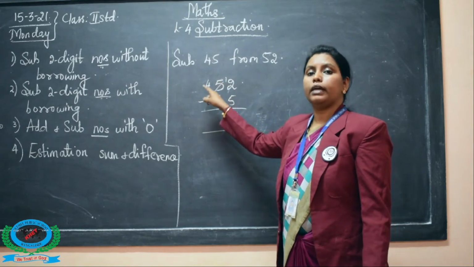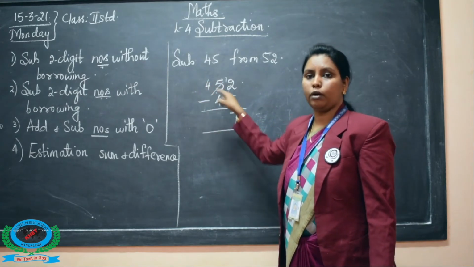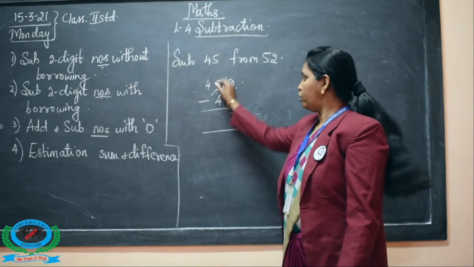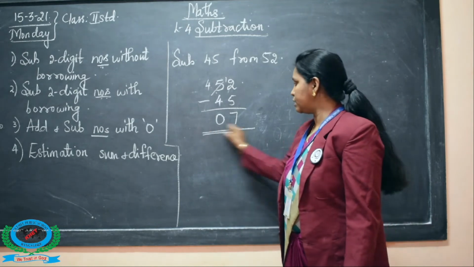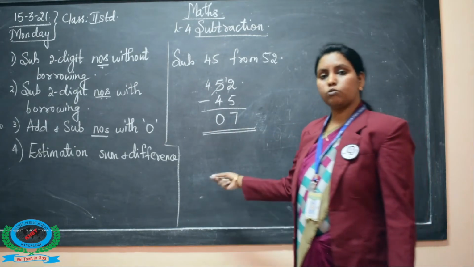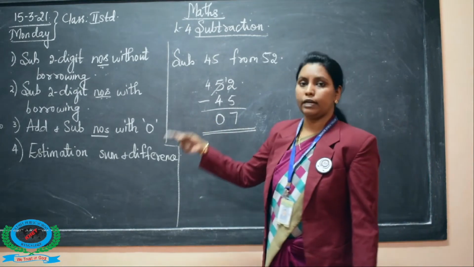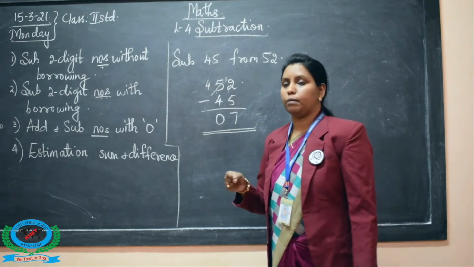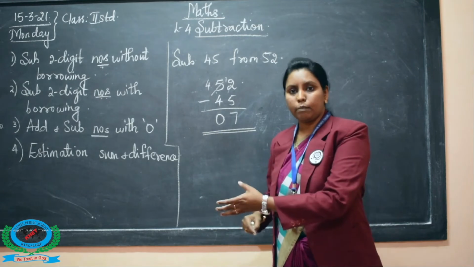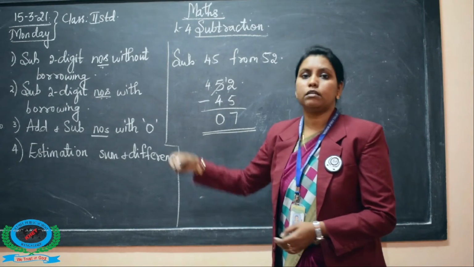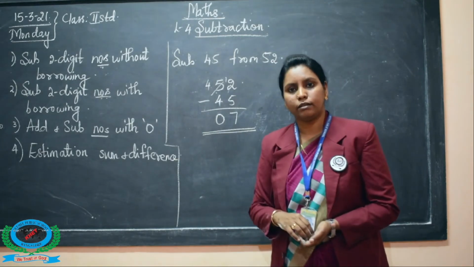So what do you get by subtracting 4 minus 4? 4 minus 4 is 0. So your answer is 7. So this was an example to show the subtraction of 2-digit numbers with borrowing, with taking a number from the next place value. Okay children?